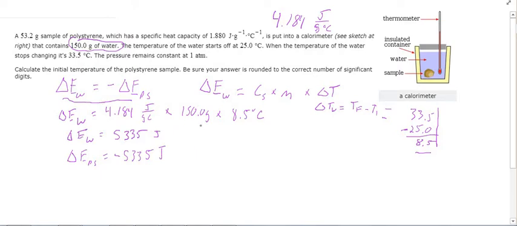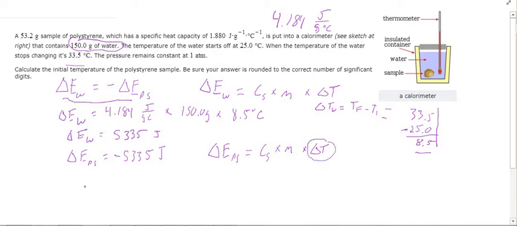Okay, so now that we have that, we can use this equation: the change in energy of the polystyrene is going to equal the specific heat capacity of the polystyrene times the mass of the polystyrene times the change in temperature. And since we are looking for the initial temperature, the initial temperature is tied up right here.